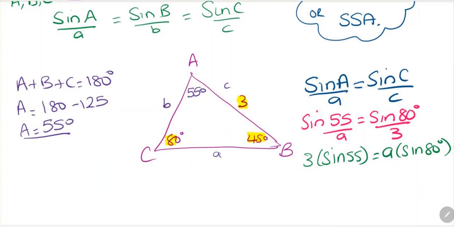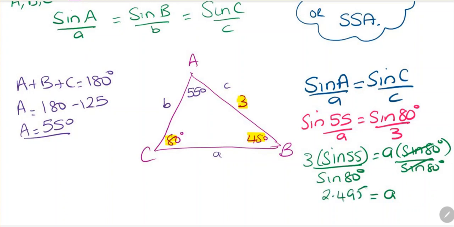And then if we divide by sine 80, we'll have a is equal to, and if we put this in our calculator, 2.495. So a is approximately 2.5. So we know that now. This is 2.5. We're going to see what else we can find.